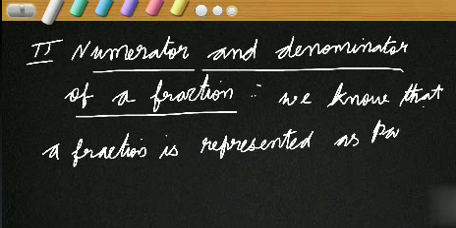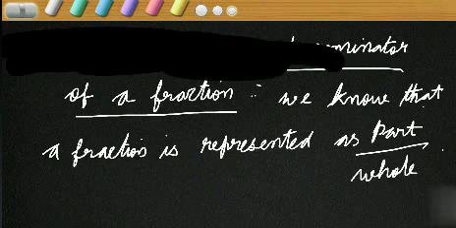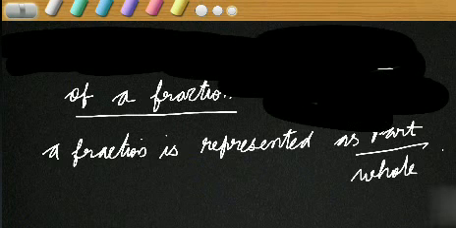Yes, part by whole. We have discussed it earlier, isn't it? We know that a fraction is represented as part by whole. In this, part is known as the numerator and whole is known as the denominator.